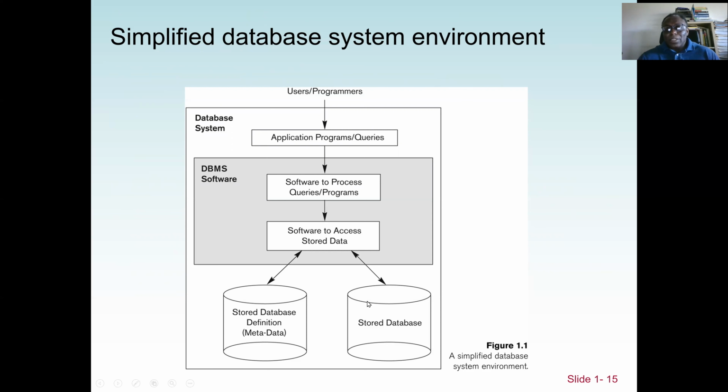Then sometimes, we may talk about this in future lectures, a stored database definition, what we mean by metadata, which means data about data. So for example, if I'm having a relational database, I may create a table, and the table may have some attributes or fields.